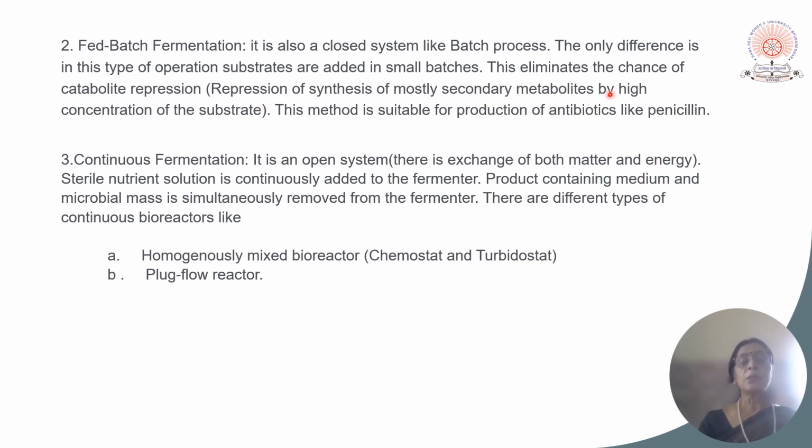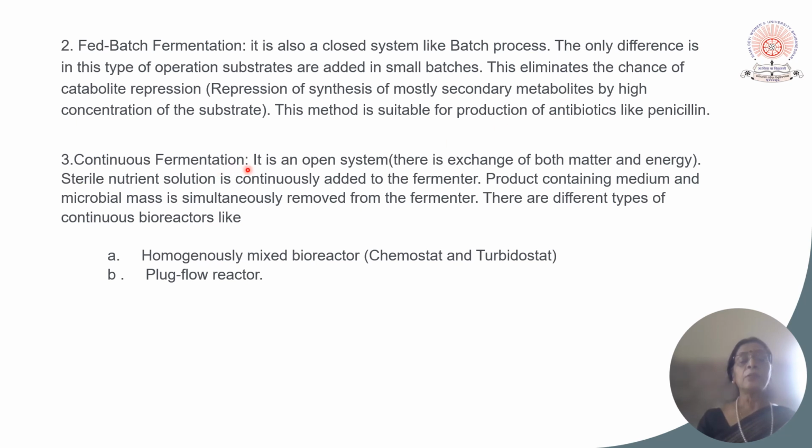Mostly for the production of secondary metabolites, the fed batch fermentation process is used because a heavy amount of substrate will result in catabolite repression, or the repression of the synthesis of mostly the secondary metabolites.